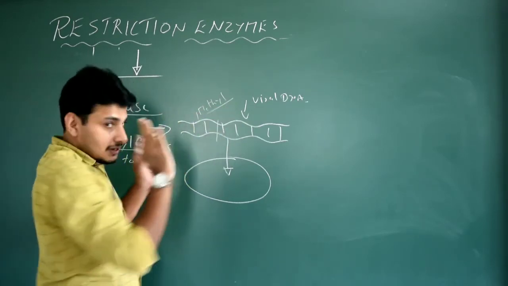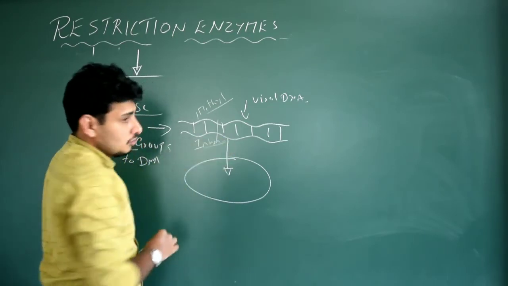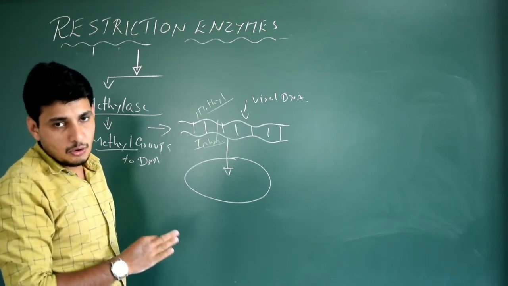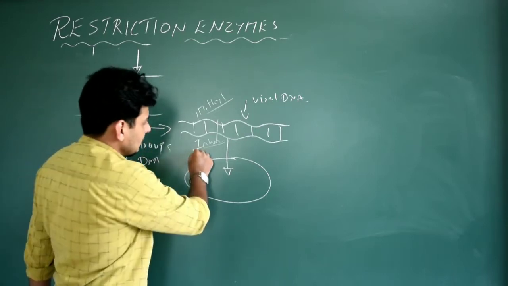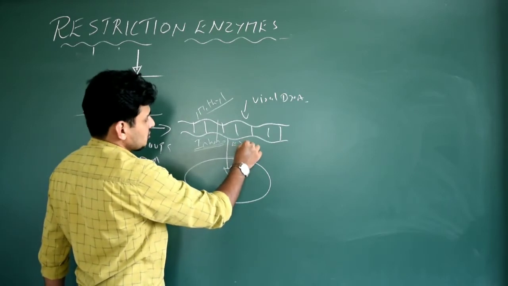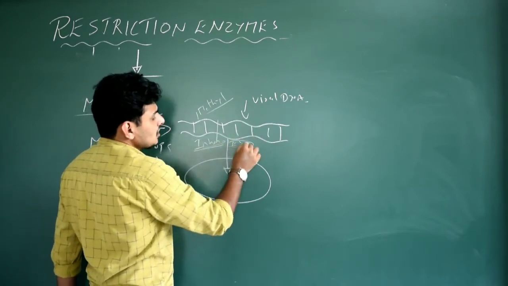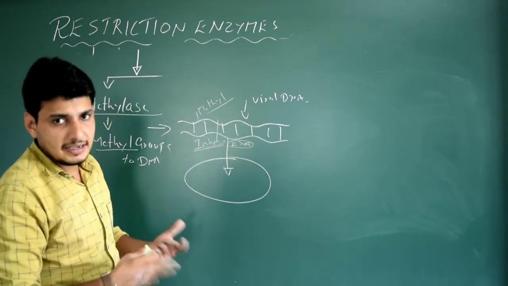Let us assume introns are present here; don't get confused, introns and exons are seen only in eukaryotes. Simply for your understanding, introns are non-expressed and exons are expressed. If exons are there, exons mean dangerous. If they are expressed, the bacterial cell will die.